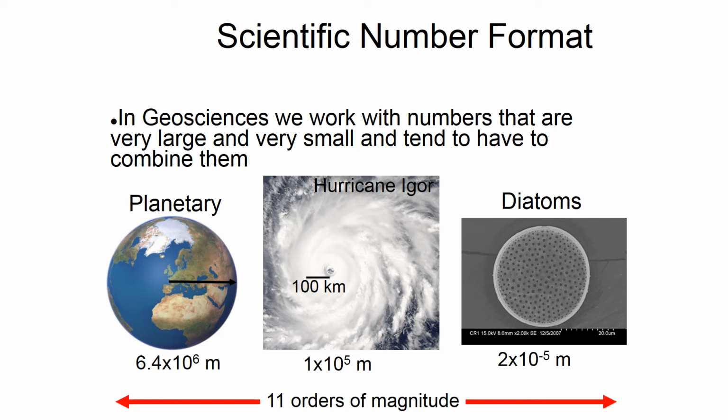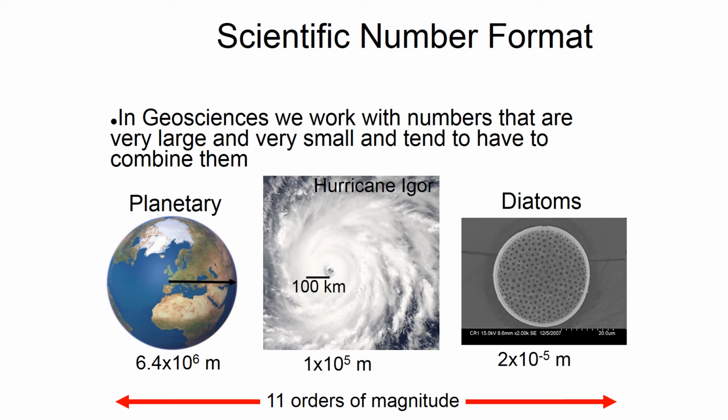The size of planets to the size of atoms, so we have a huge range of sizes. There's this term orders of magnitude, which refers to the exponent. There's 1 order of magnitude difference between the size of the Earth and the size of a hurricane, very topical this week.